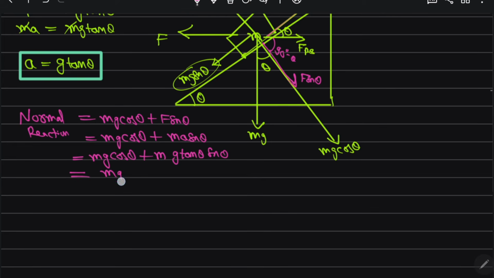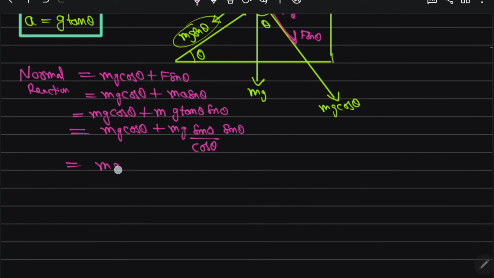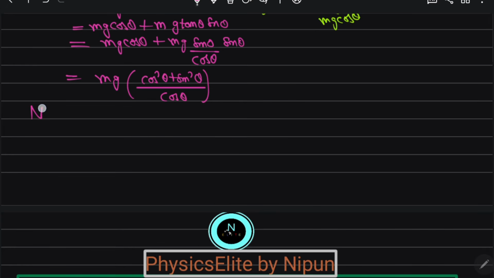So mg cos theta plus mg tan theta sin theta. Then I take mg common and take the LCM, so this becomes cos square theta plus sin square theta divided by cos theta, which is 1 over cos theta. So our answer is mg by cos theta.